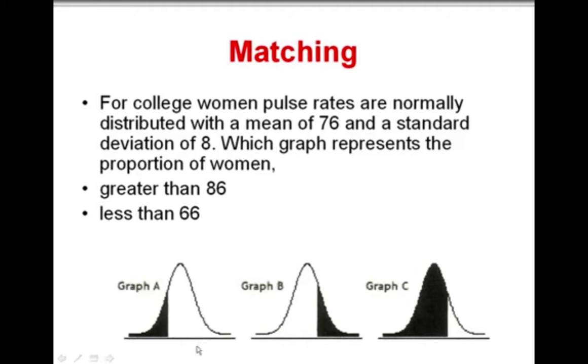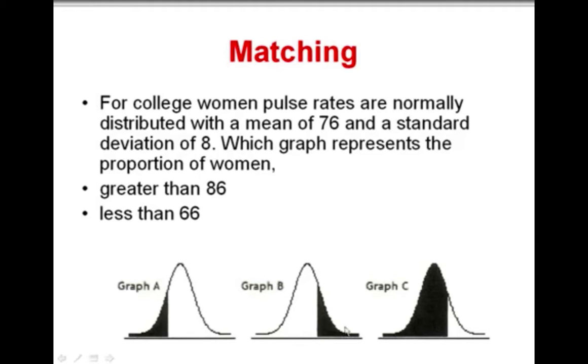Well, the mean is 76, and it appears at the center, and 86 exceeds 76, and greater than would be shading above, so it must be graph B. What about less than 66? Well, 66 is less than the mean of 76. And less than means below, so it must be graph A.